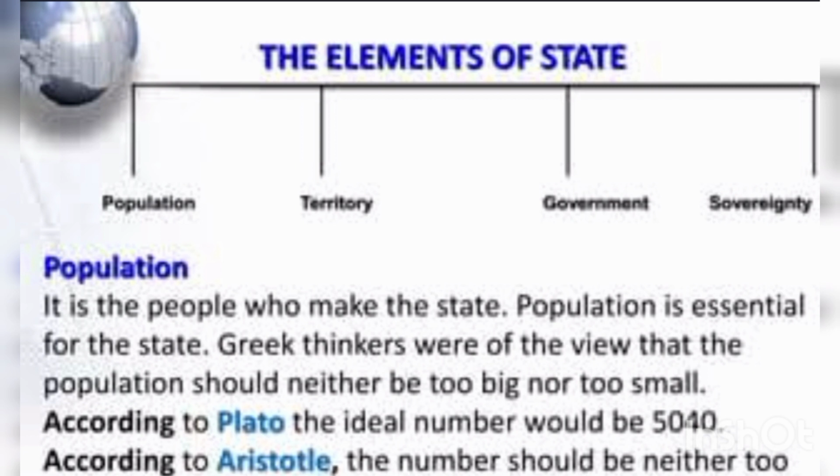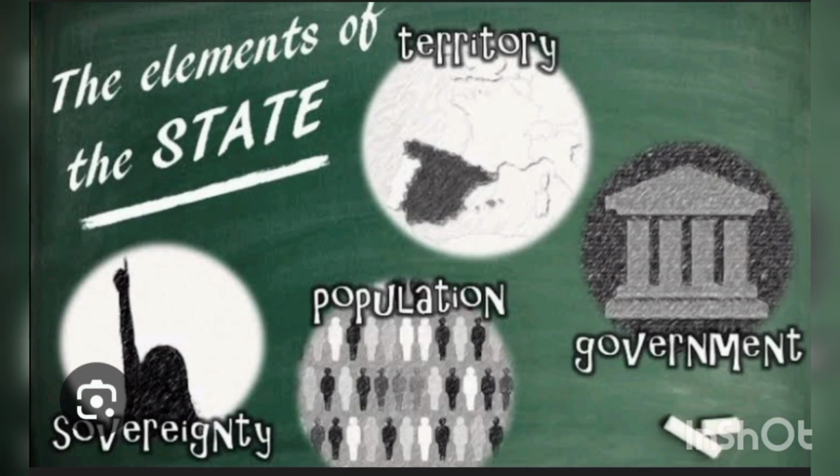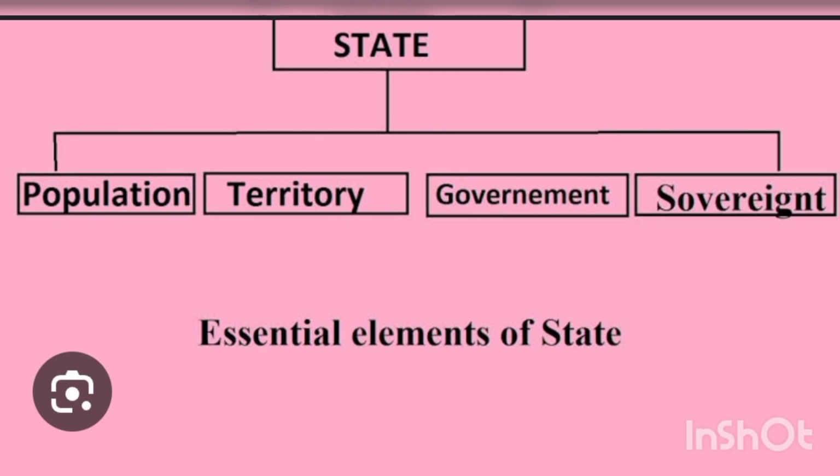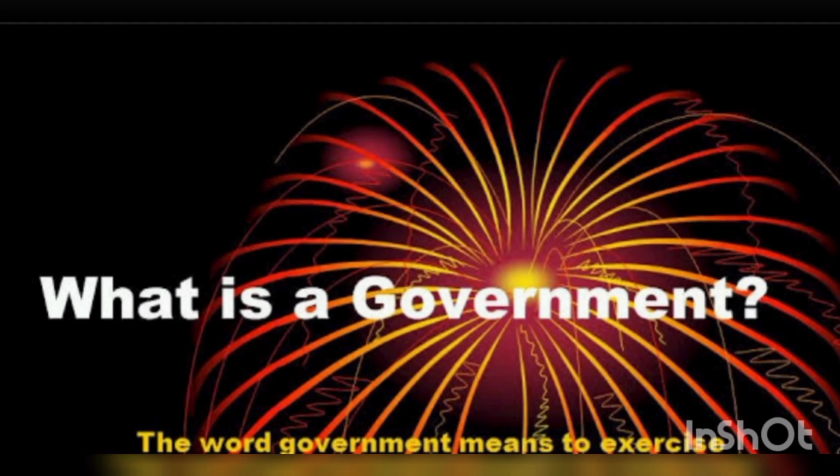The government is the third important element of the state, and that government makes and enforces its own laws without the approval from any other authority, that is called sovereignty. Sovereignty is the fourth element of the state. So, on the basis of the above points, we came to know that while making any state, these four elements must be present. That is, a state should have a particular territory, population, government, and that government should have sovereignty.